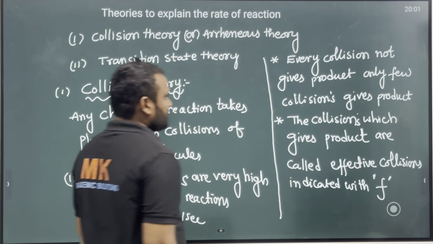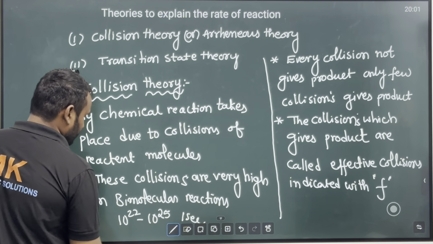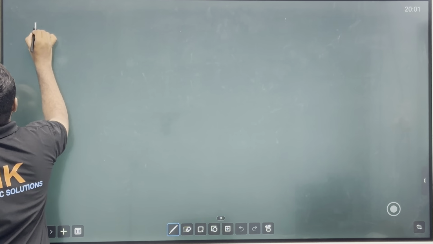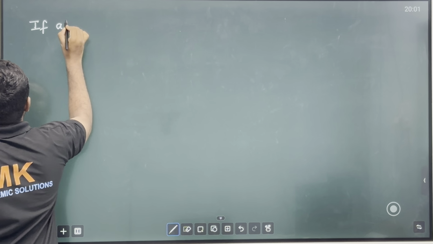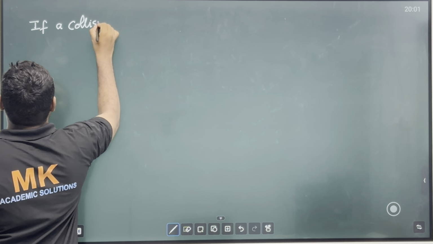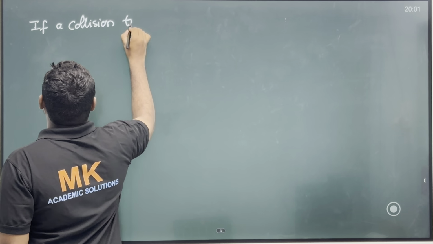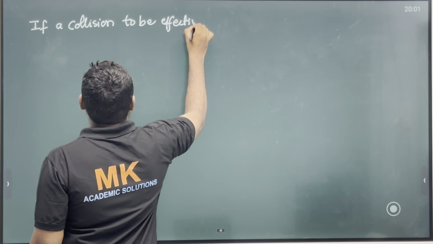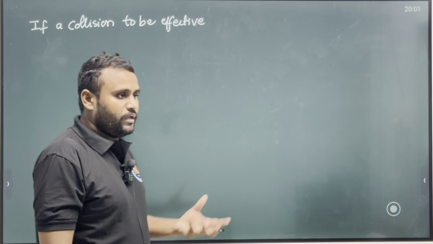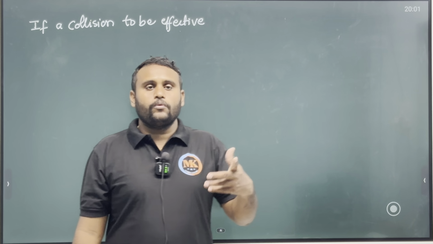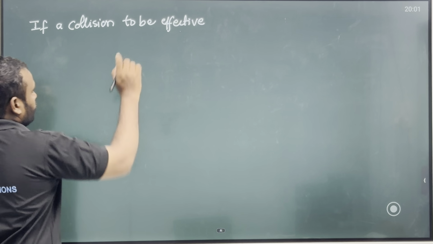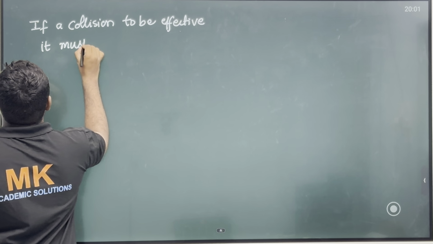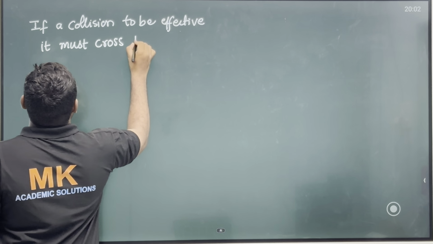Okay, right children? Next we see, if a collision wants to be an effective collision, it must cross two barriers.